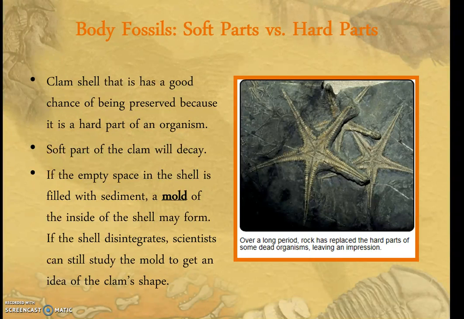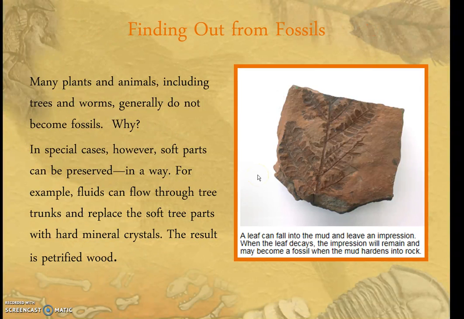Even though the shell might disintegrate, that mold will remain and they can still see the shape of a clam. It's like filling a mold with Play-Doh or filling a cupcake mold and letting it bake. You'll still see the shape of it. So in this case, over a long period, rock has replaced the hard parts of that starfish.